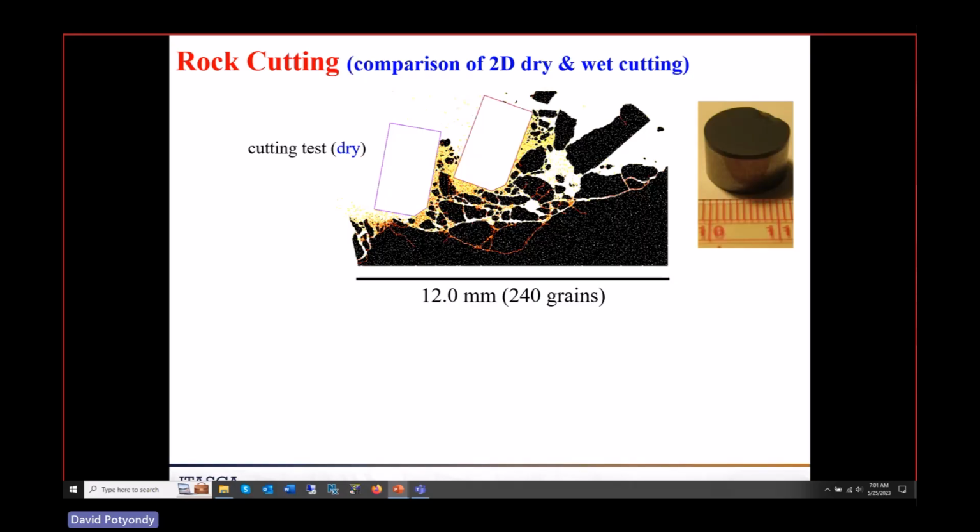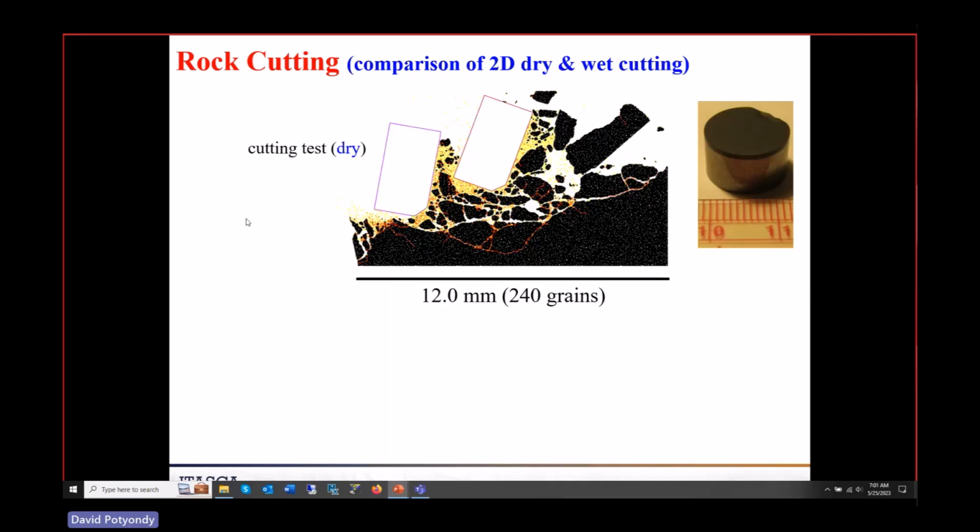So you pump water down the middle, it picks up cuttings and it flows up the outside of the pipe. It also, though, unfortunately provides confinement to the surface of the rock. Turns out that it takes like 10 times more energy to cut an equivalent volume of rock at the bottom of a borehole with that drilling mud than it does on the surface. So these surface tests are only a little bit worthwhile, and it's very difficult, if not impossible, to see the cutting process where you have all that drilling mud and stuff.